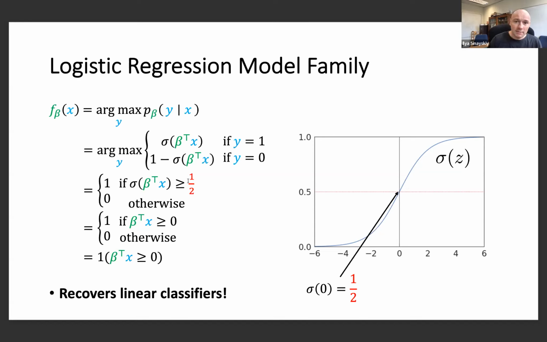But as I mentioned already in answering one of the questions, this kind of regression model, whose output is defined from 0 to 1, could be very easily converted to a classifier by adding one more step: if the output of the regression model is above 1/2, that would be 1, and if it's below 1/2, that would be 0. So it's very easy to implement such a transition from regression models into the classification model.